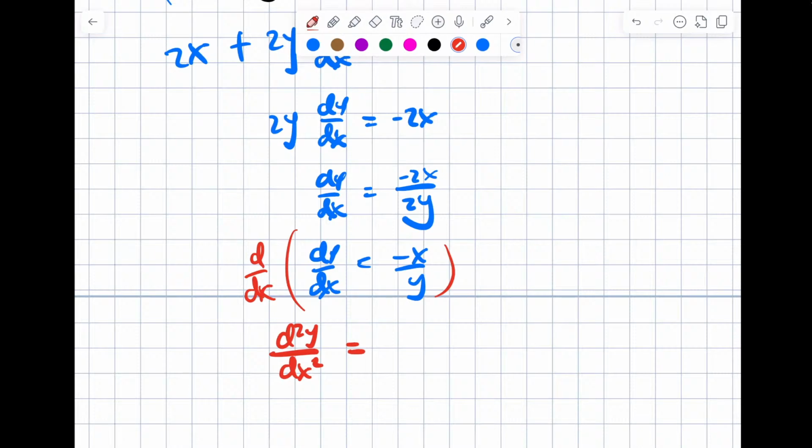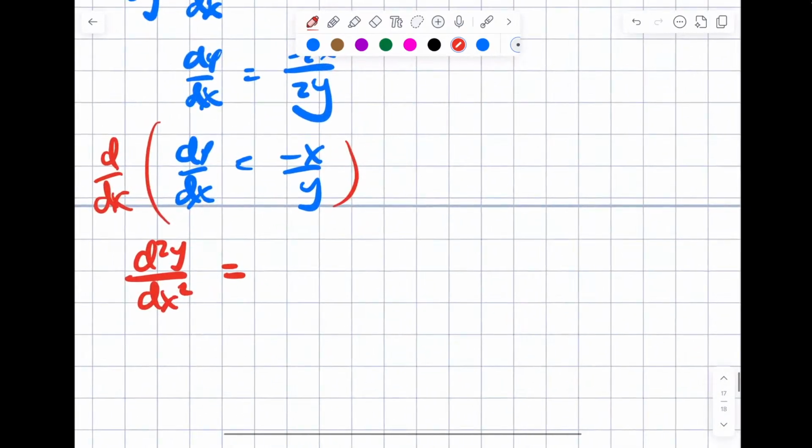What's a good suggestion? No, I won't do that. I'll just leave it as a quotient. What can I do with a quotient? Quotient rule. Low d high. So low, d high is what?